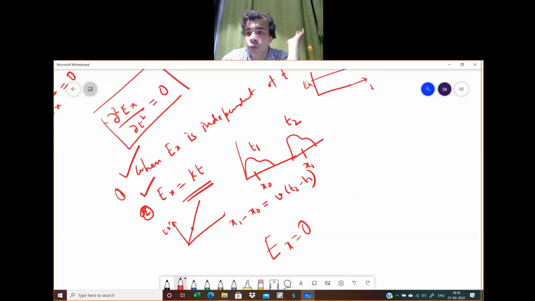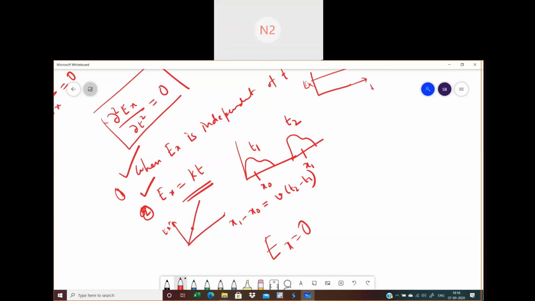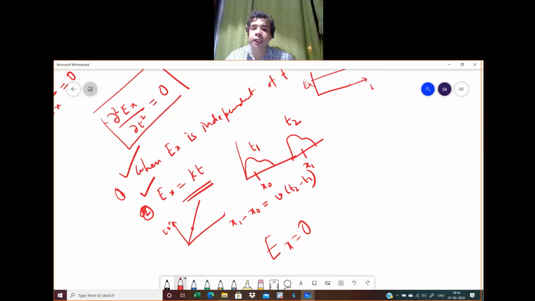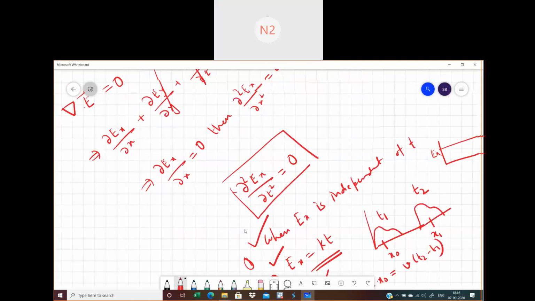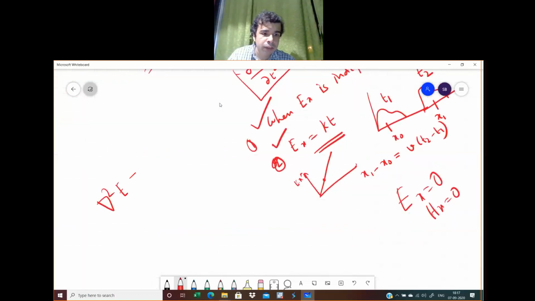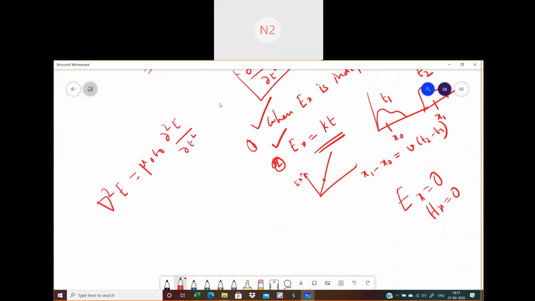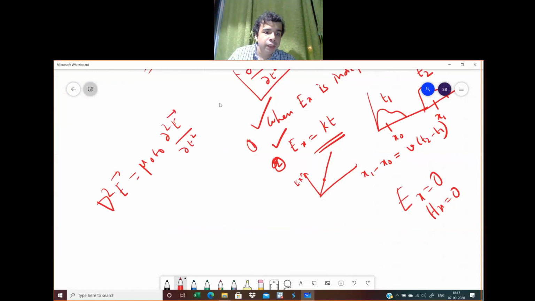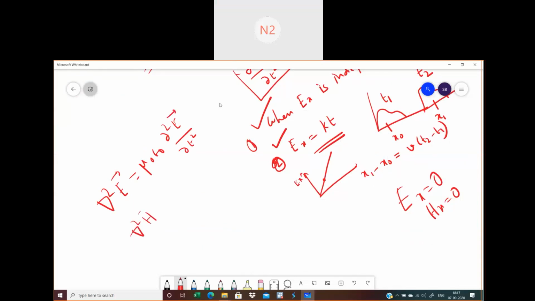So we come to a very important property of a plane wave. Similarly, we can show that Hx is also 0. The way we proved this, you should also try to prove that this also holds.